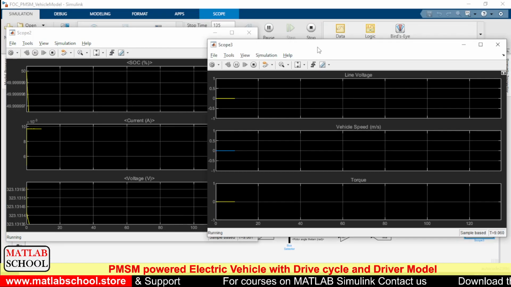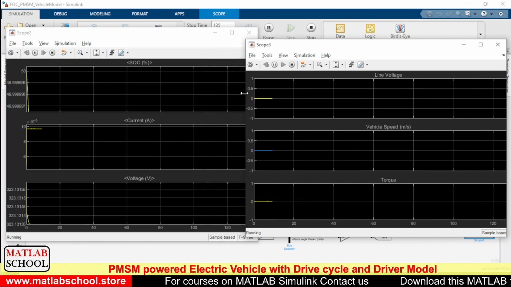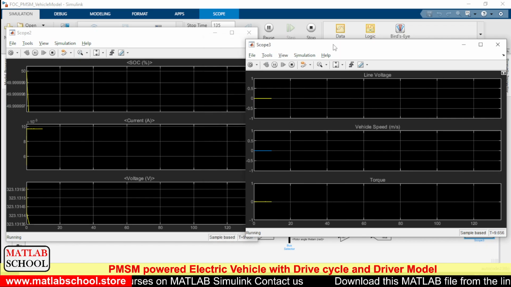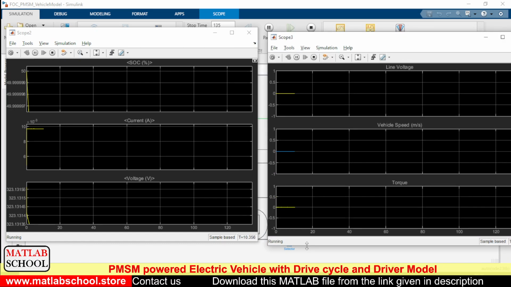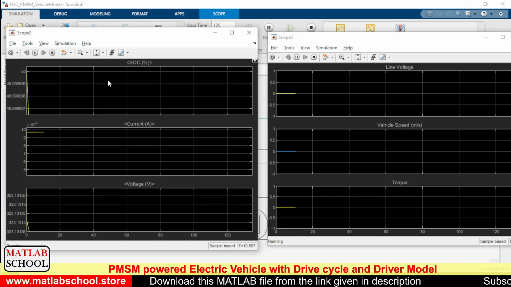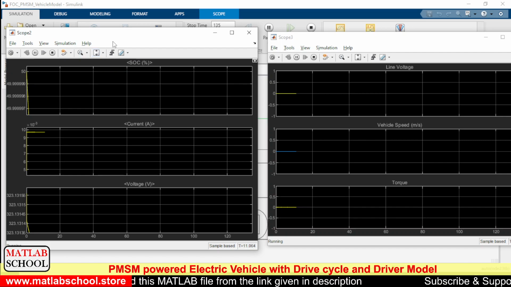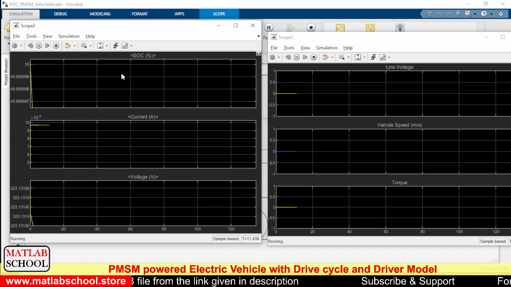Okay, we have two scopes here. So the first scope, here we have a SOC, current and voltage. Then we have line voltage, vehicle speed and torque.